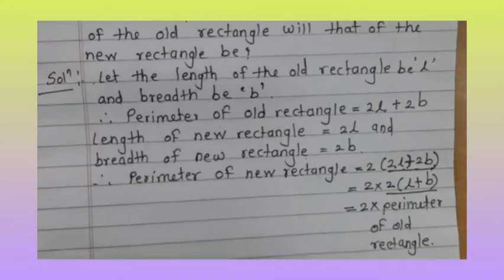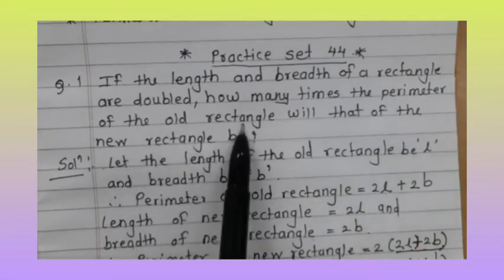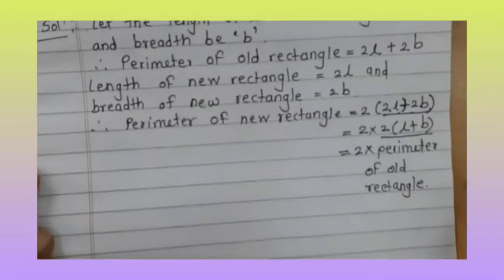Okay, so what is the answer? They ask how many times the perimeter of the old rectangle will that of the new rectangle. So what is my last answer?